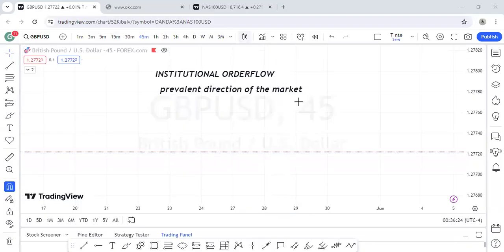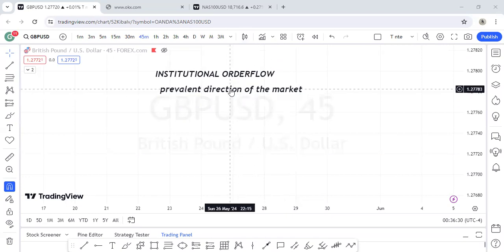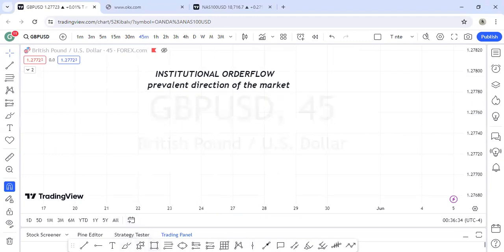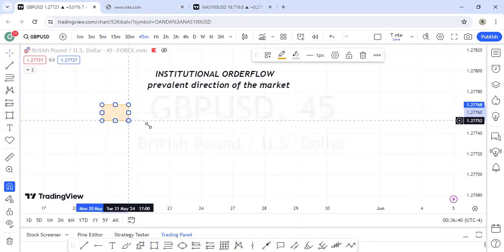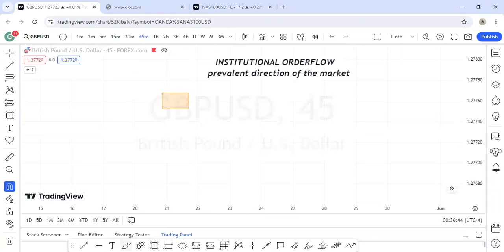So now, how do you identify order flow? Typically, you're looking at the up or down move before the market breaks structure in a direction.